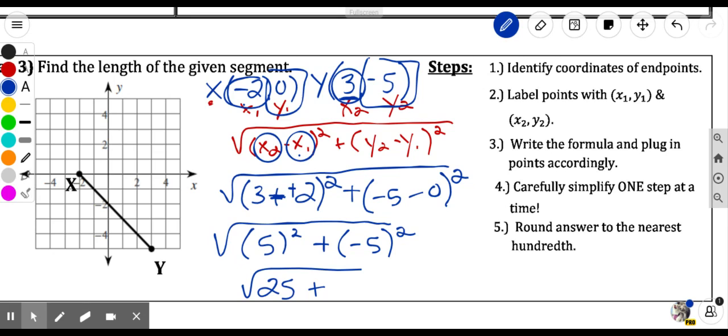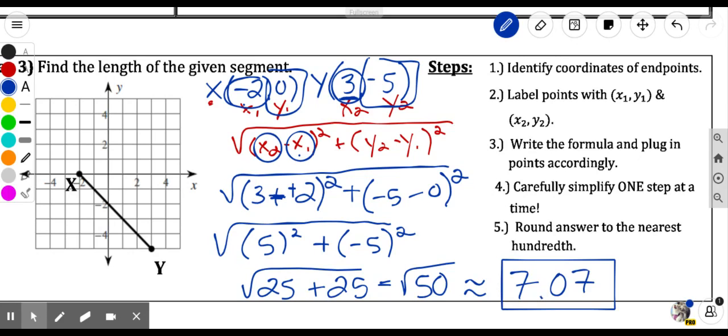And then -5 squared is also positive 25. That's another big mistake kids make, is they'll put -25. You want to be careful. Negative times a negative is a positive. So this turns into the square root of 50, which if you put that in your calculator, you could leave it like that, square root of 50 if you wanted to, but if you do put it in your calculator, it's about 7.07.